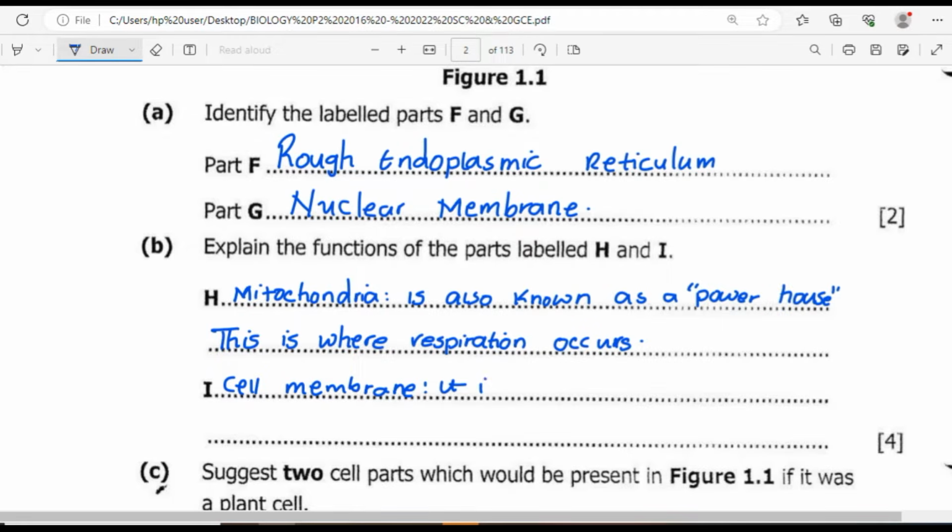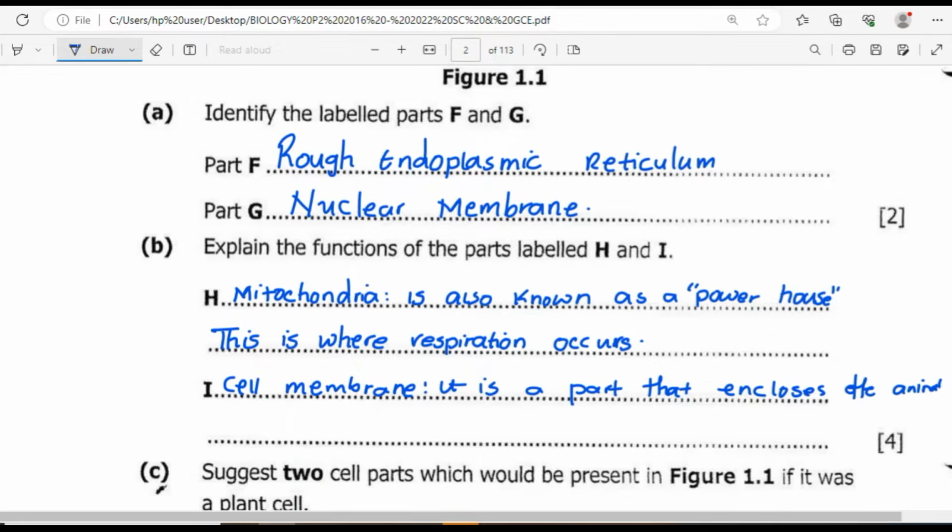It is a part that encloses the animal cell.